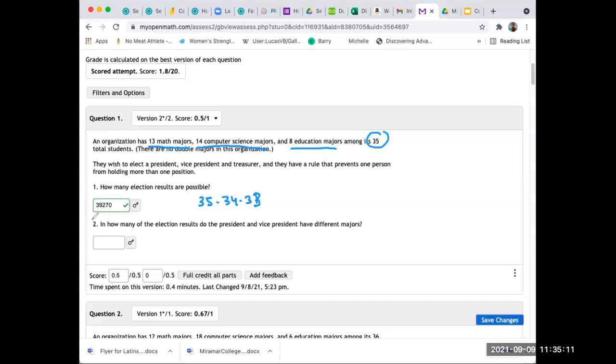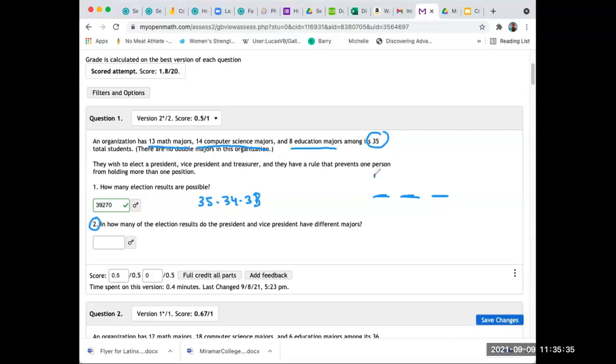All right. So number 2, in how many of the election results do the president and vice president have different majors? Okay. So for this one, again, there's probably other ways to do it. But I was thinking, what if we do math and computer science?